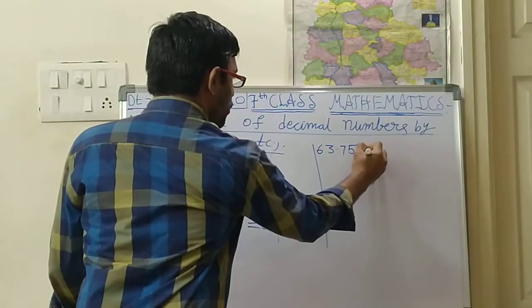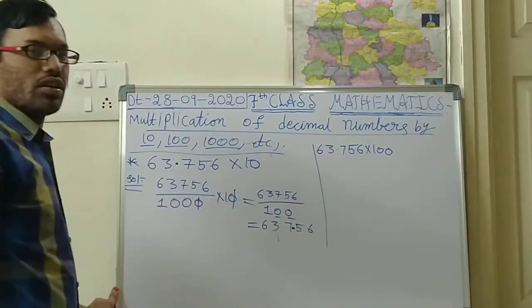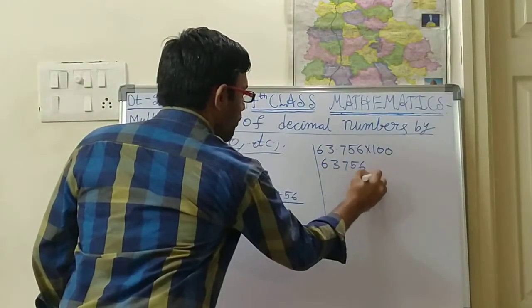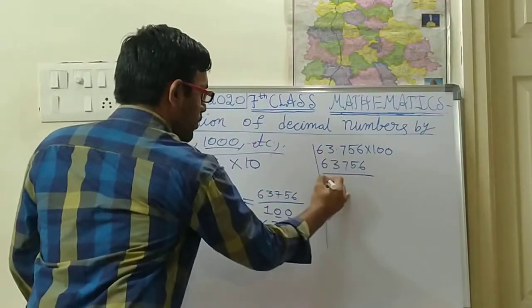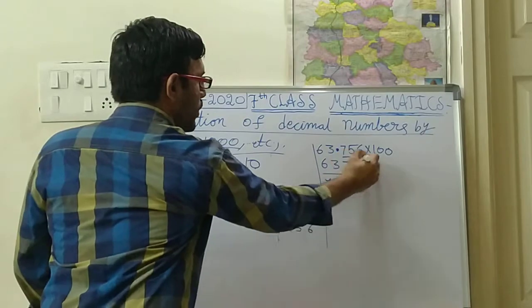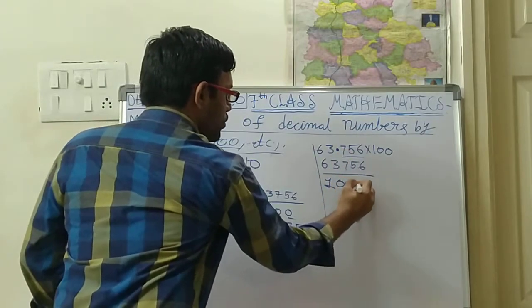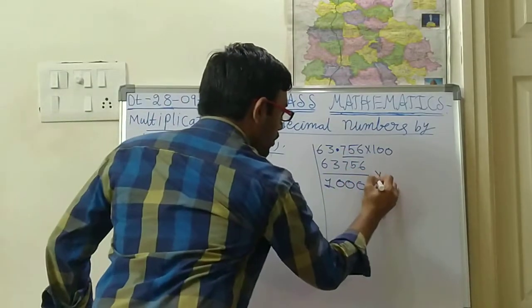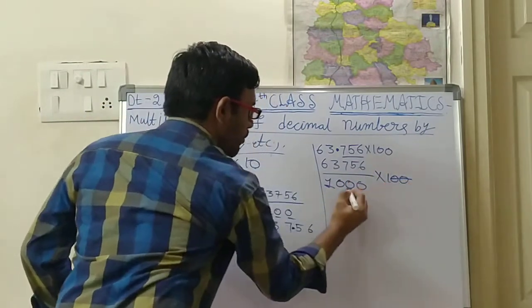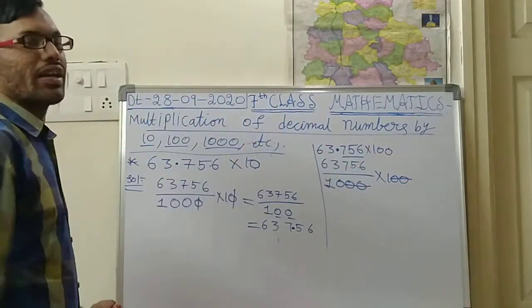63.756 into 100. So 63756 by 1, again here decimal point after 3 digits, so 3 zeros into 100. So here 2 zeros will get cancelled.